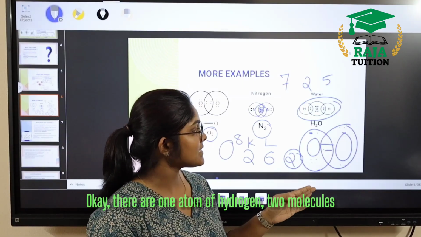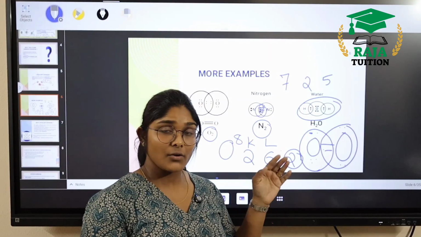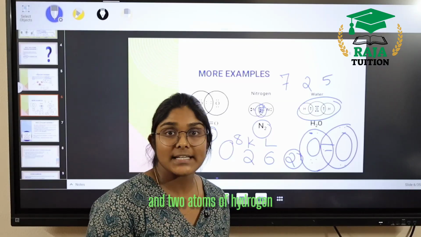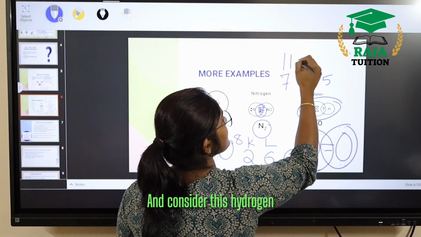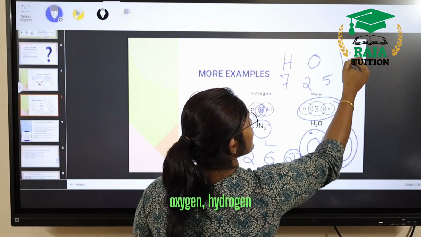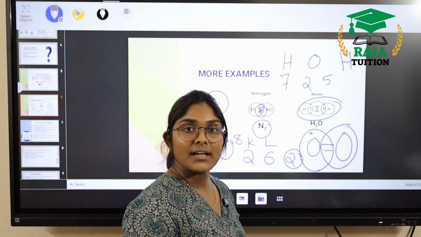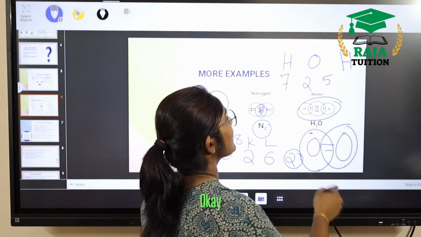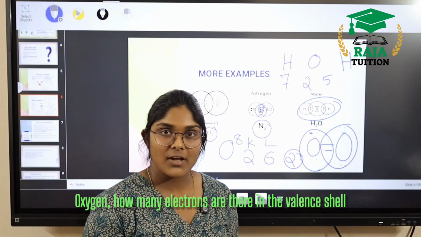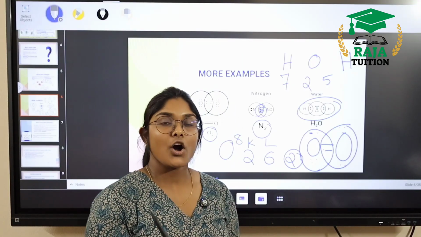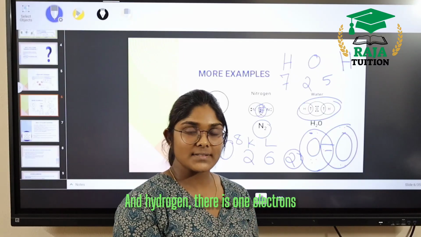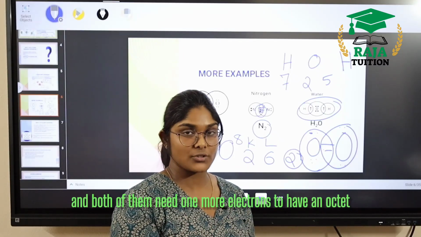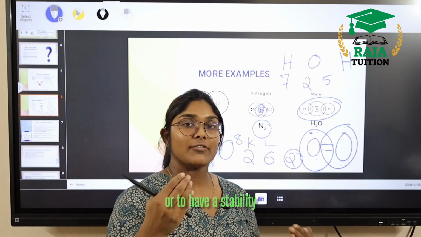Consider this: hydrogen, oxygen, hydrogen. Oxygen, how many electrons are there in the valence shell? There are 6 electrons. How many more are required? 2 electrons. And hydrogen has 1 electron, and both of them need 1 more electron to have an octet or to have stability.